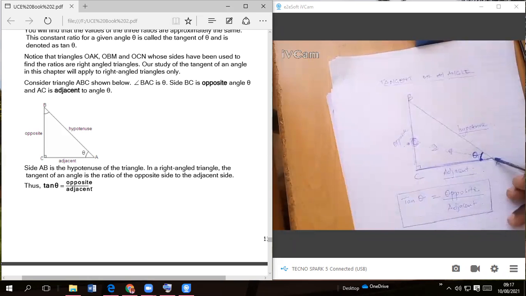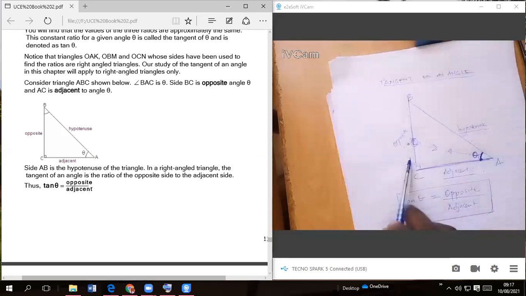So the hypotenuse can be easily seen because it is a slanting side, and then the adjacent is that side on which the foot of the angle is. So it comes from the word being adjacent. So this side is adjacent to the angle.